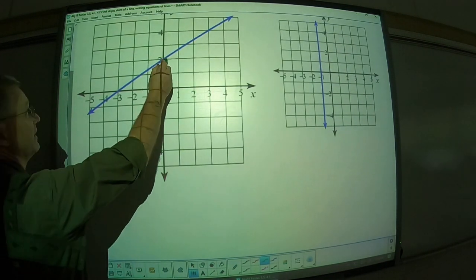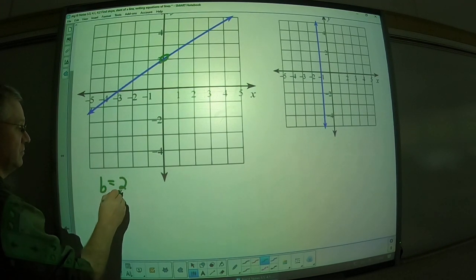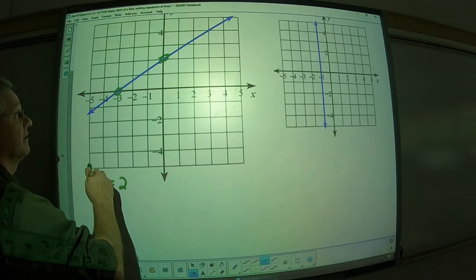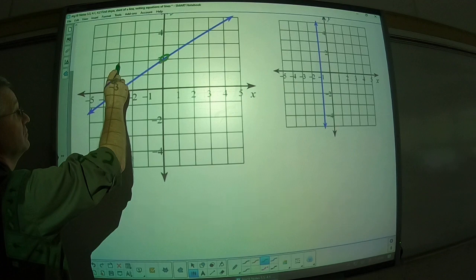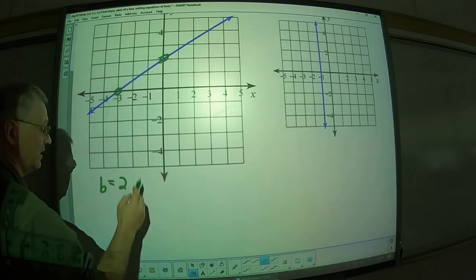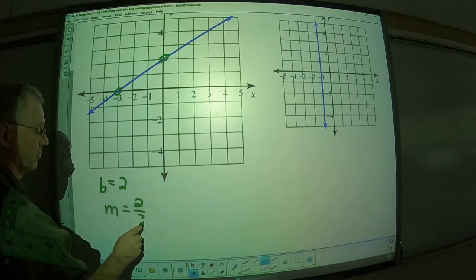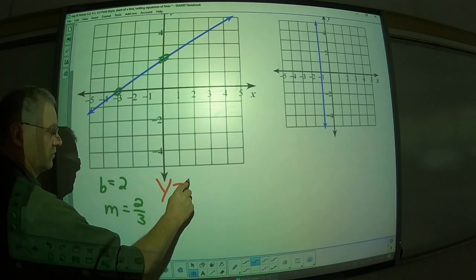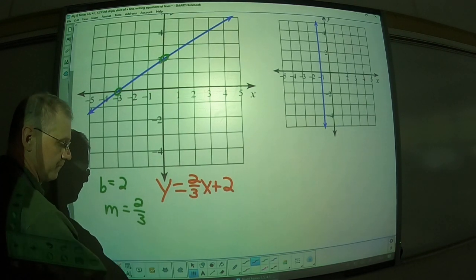We have a nice y-intercept here at +2, so b is 2. And we can see there and there are your two values. So I count up 1, 2, and to the right 3. So my slope is 2/3. So my equation, y equals 2/3 x plus 2.